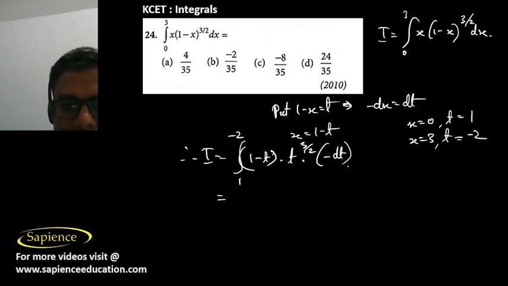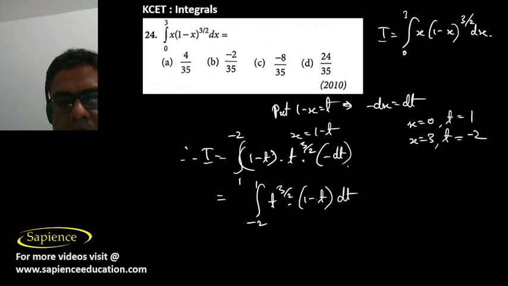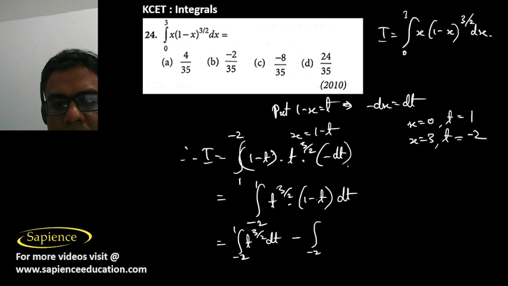So this will be equal to integral minus 2 to 1 of t power 3 by 2 into (1 minus t) dt. This will be equal to integral minus 2 to 1 of t power 3 by 2 dt minus integral minus 2 to 1 of t power 3 by 2 plus 1, that is 5 by 2, dt.